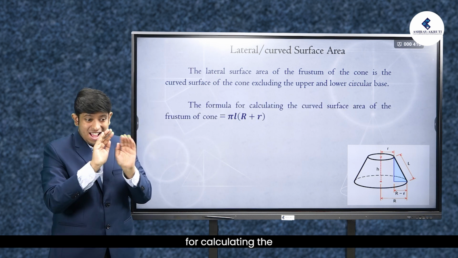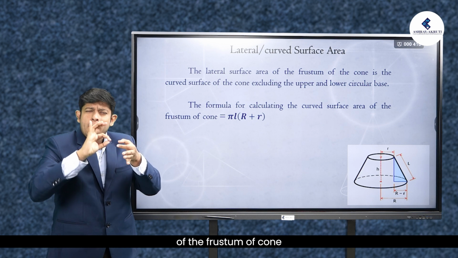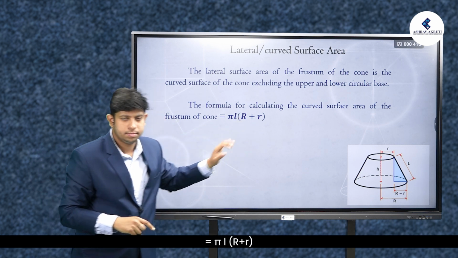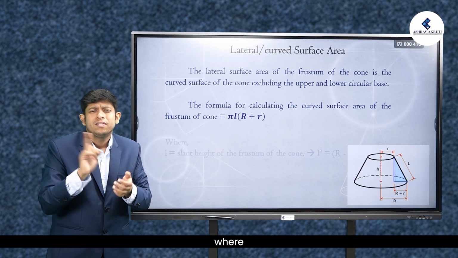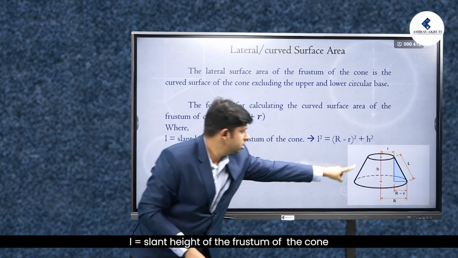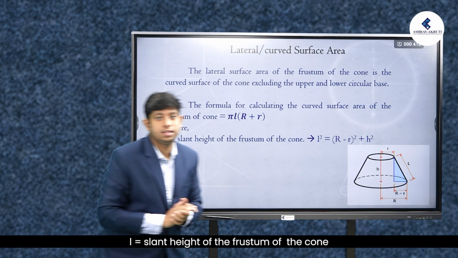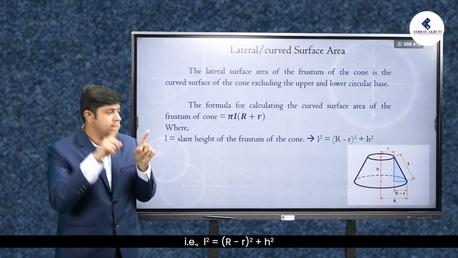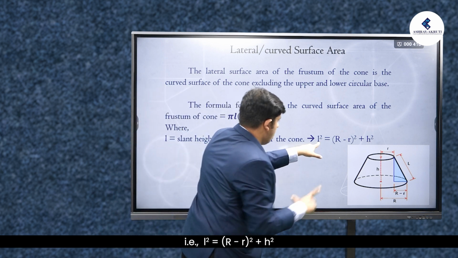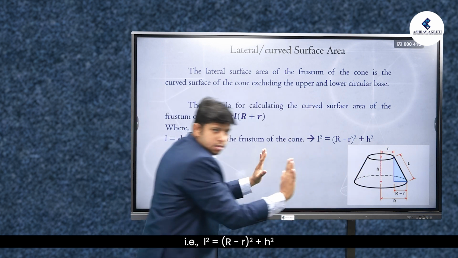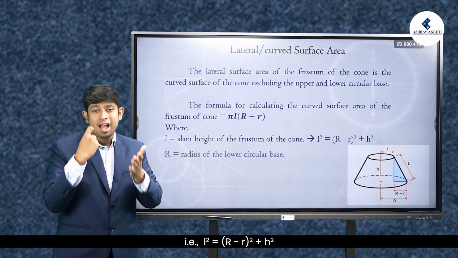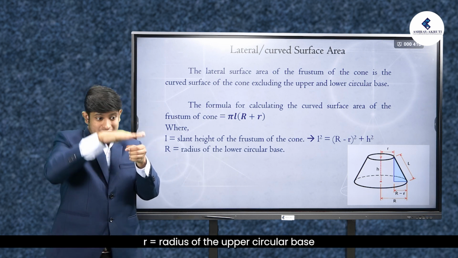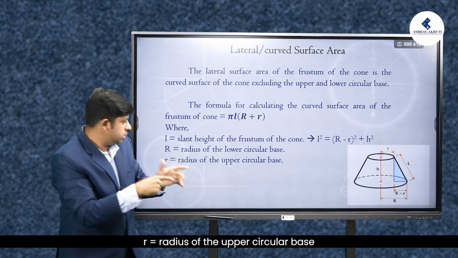The formula for calculating the curved surface area of the frustum of a cone is equal to pi into L into (R plus r), where L is equal to slant height of the frustum of the cone. That is, L square is equal to (R minus r) whole square plus H square, where capital R is equal to radius of the lower circular base, small r is equal to radius of the upper circular base.